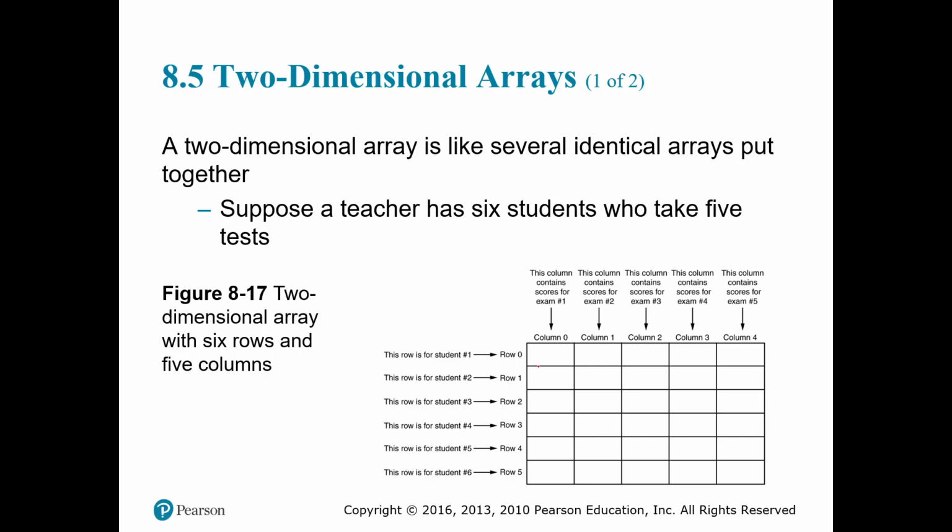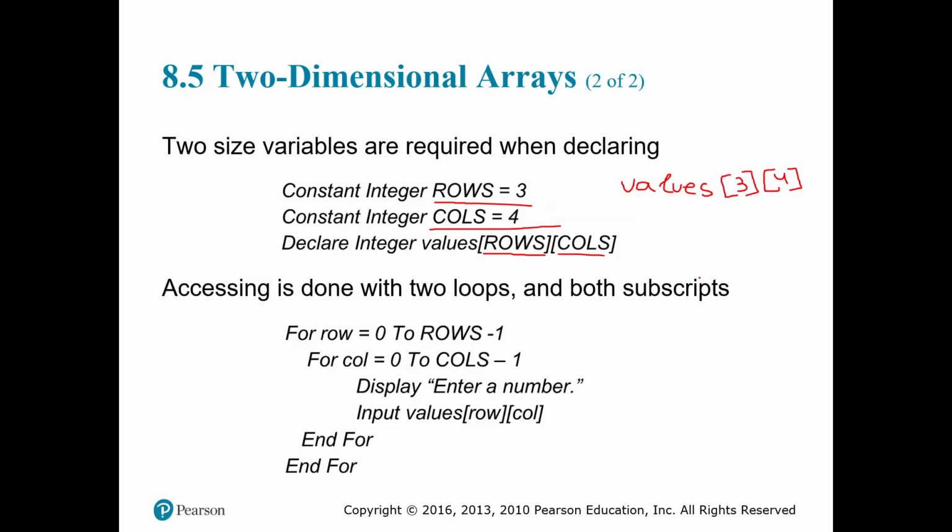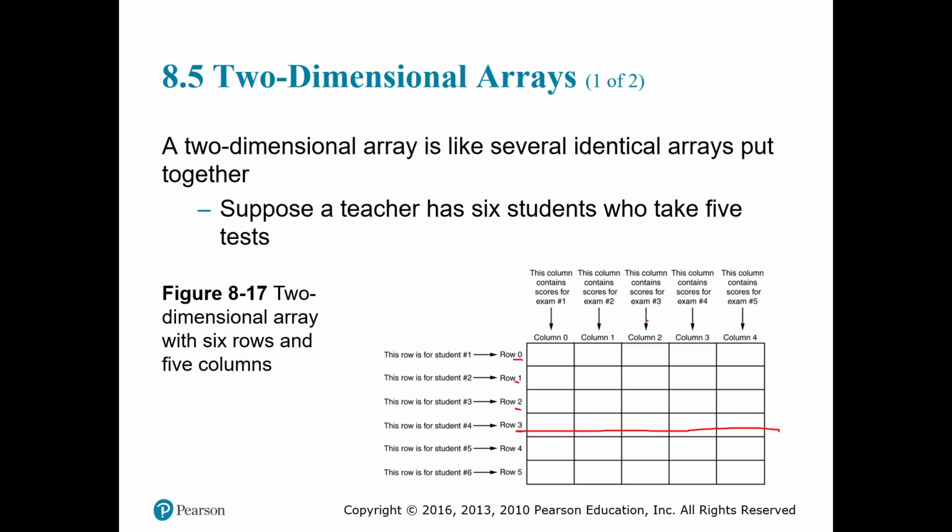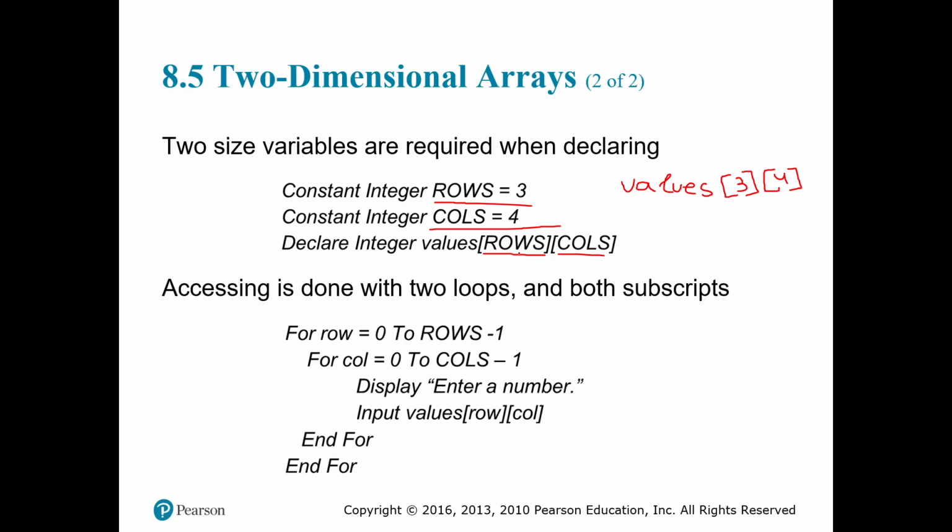What's number 3? Remember that we started at 0, so 0, 1, 2, 3. So this is where our value will be located. And then we look at 4. 0, 1, 2, 3, 4 in this row. So this would be the value that we would be looking for. Nothing too crazy. You just have to remember that the rows come first and the columns come second.